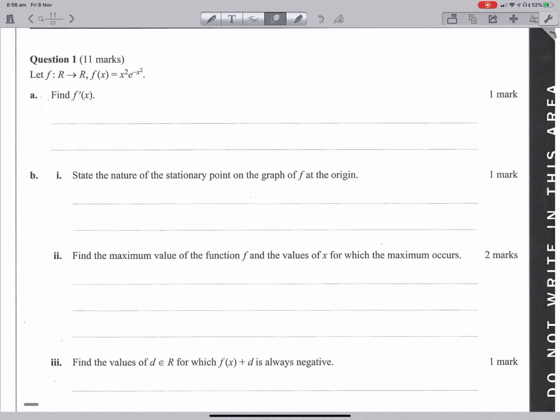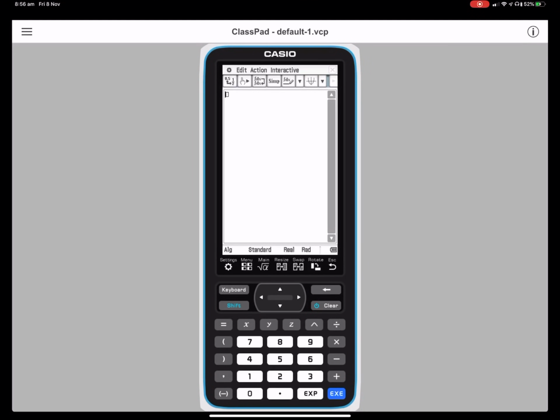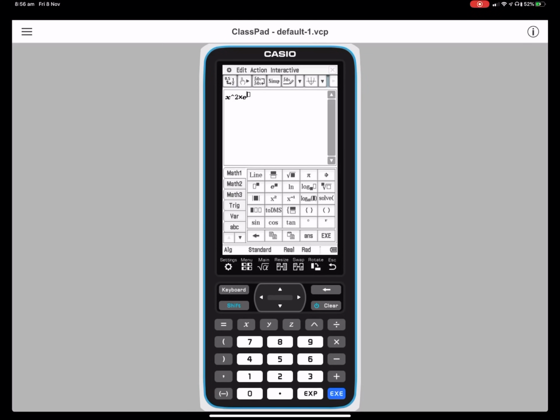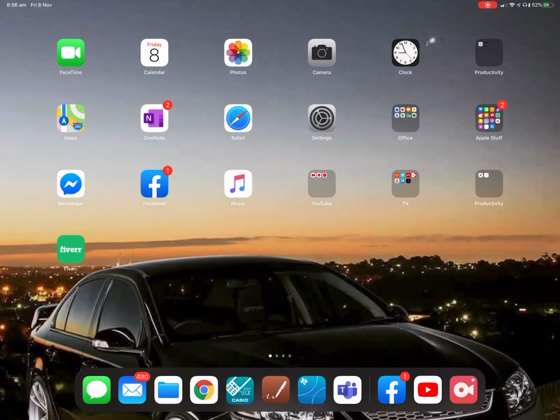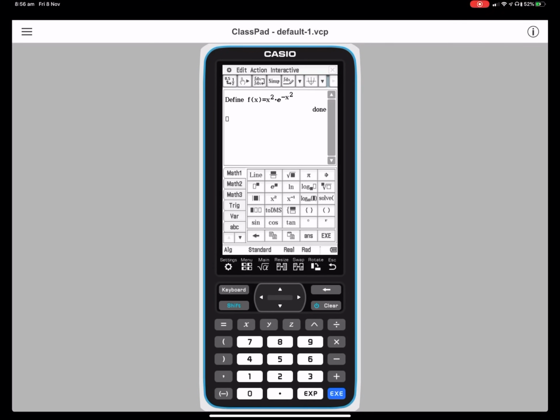Okay, so we've got our first function, x squared e to the negative x squared. I always like to put negatives in: x squared times e to the negative x squared, interactive define. So we've defined the function. Find f dash of x, so we want to find d dx of f of x.